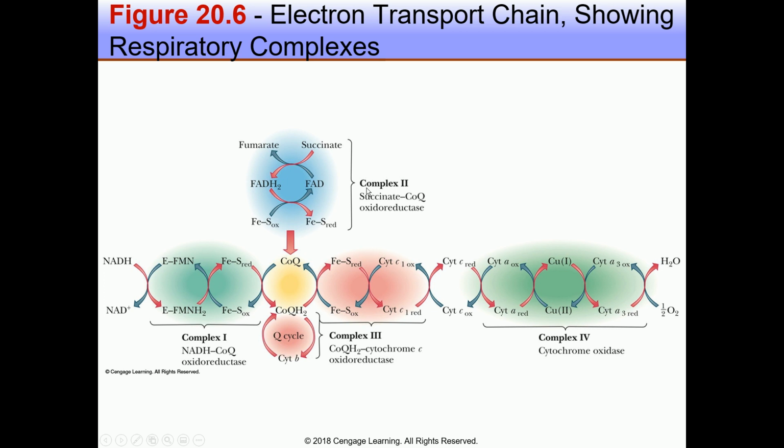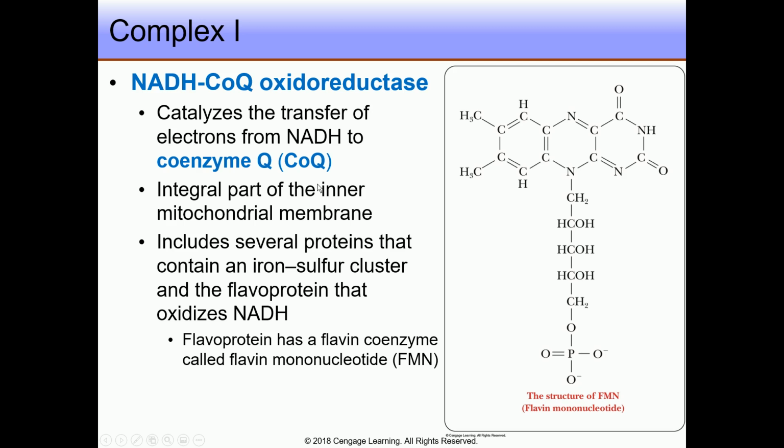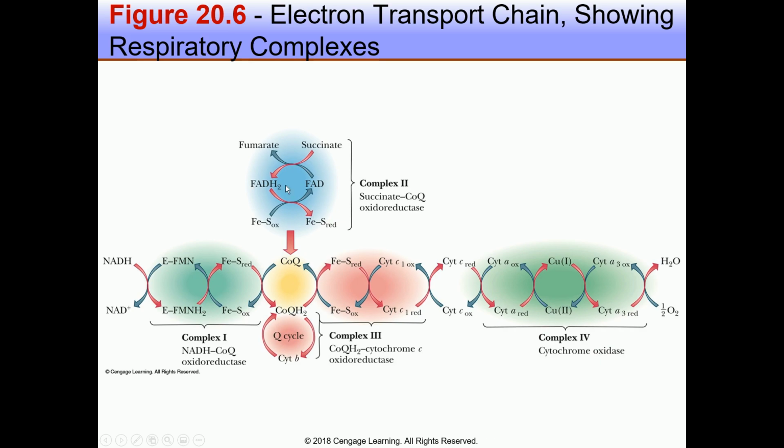Complex number 2 is called succinate coenzyme Q oxidoreductase. So complex number 2 passes the electrons from succinate to coenzyme Q. So both these complexes are delivering the electrons to coenzyme Q. FAD, which is the electron carrier, carries the electrons, and it is itself reduced to FADH2.